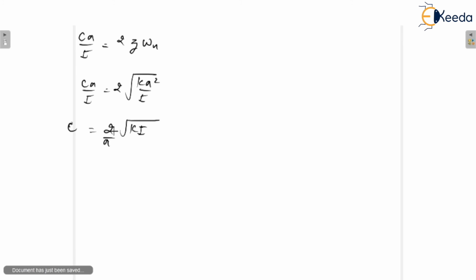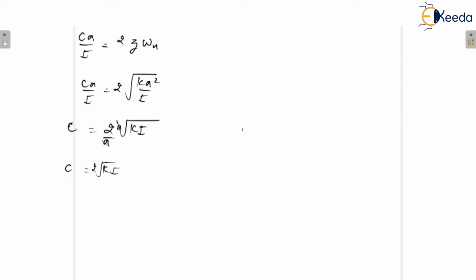When you take a square outside the under root, it will be a, and this would cancel out. So finally you will get C is equal to 2 under root of K I.